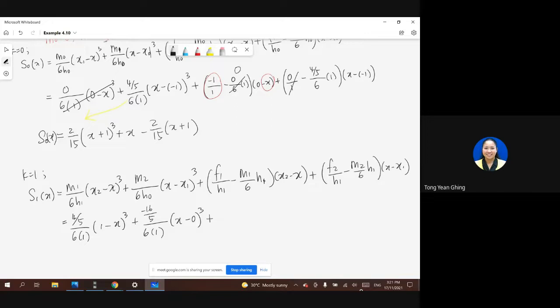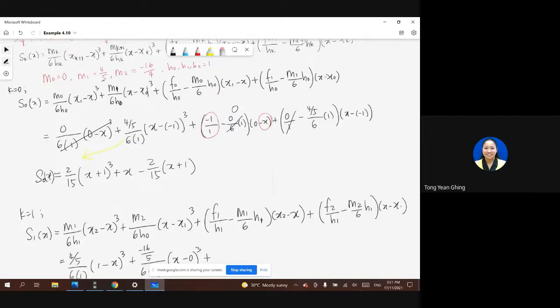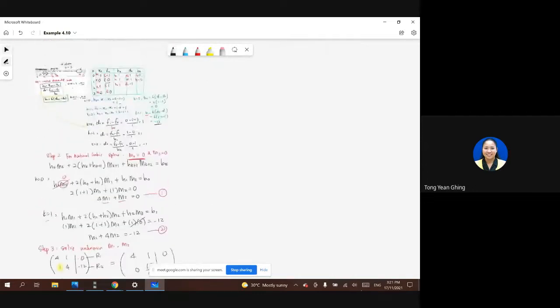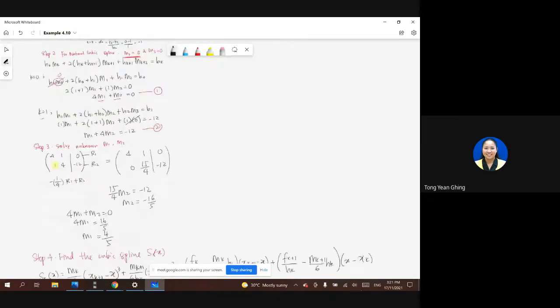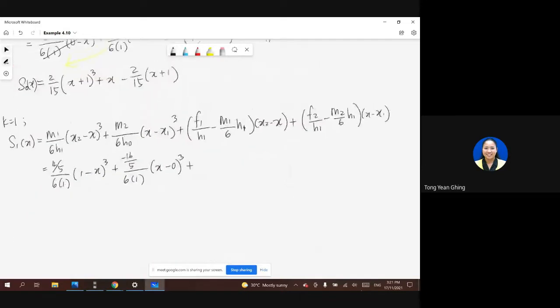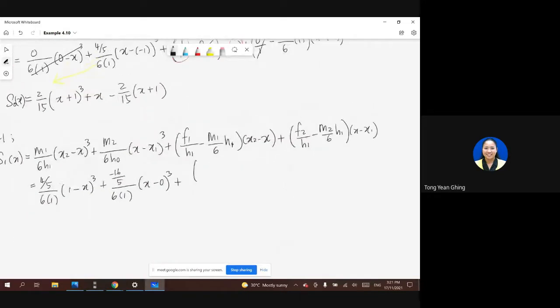Plus F1. So F1 just now was 0, is it? F1 is 0. Zero over 1 minus 4 over 5 over 6, 1. This one X2. So X2 is 1, 1 minus X, plus F2.